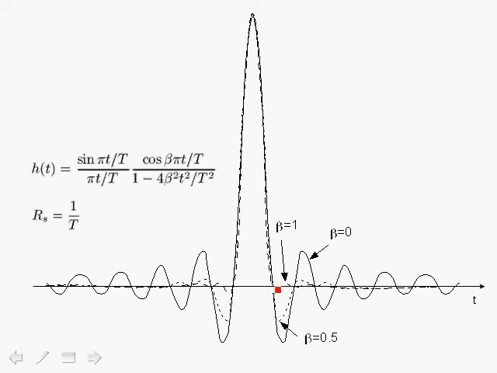That's shown over here for the case of the sinc function, which is beta equals 0. We have the sinc function, and we have zero crossings T seconds apart. But that also holds true for all other impulse responses, for beta equals, for example, 1 and beta equals 0.5. So all these pulse shaping filters have a nice property of having zero crossings at equal intervals of T seconds apart, such that they have 0 intersymbol interference. The symbol rate is 1 over T.